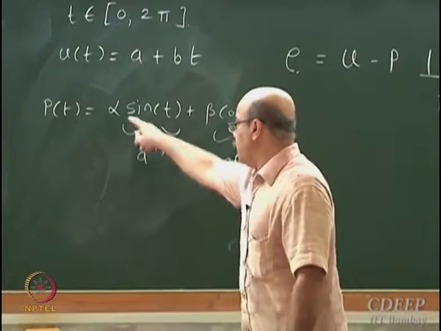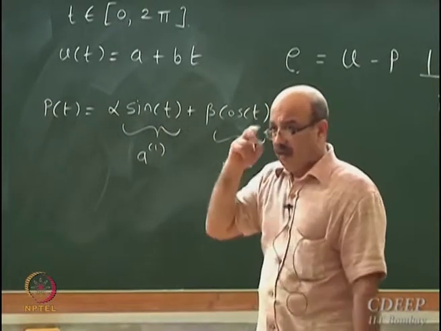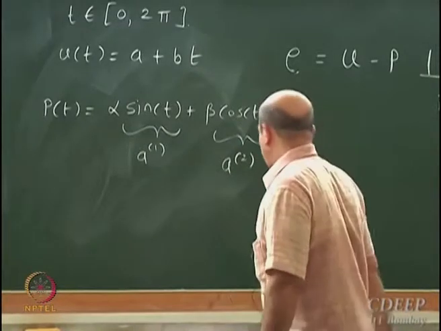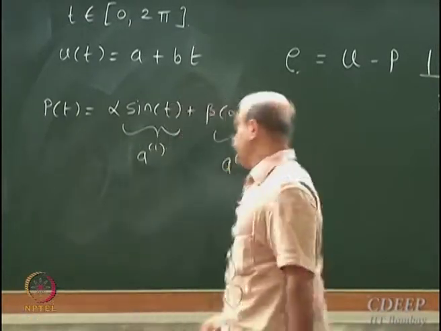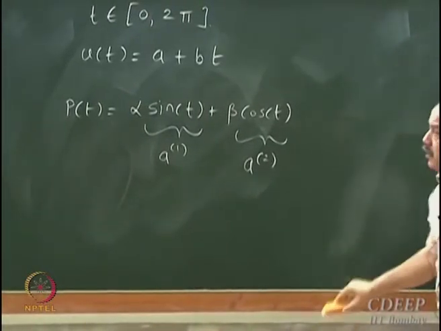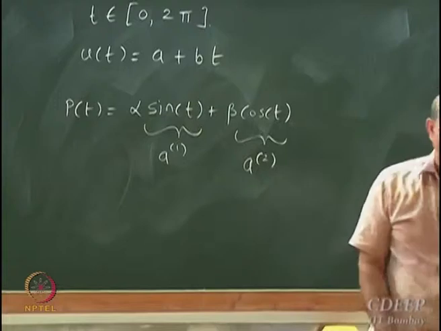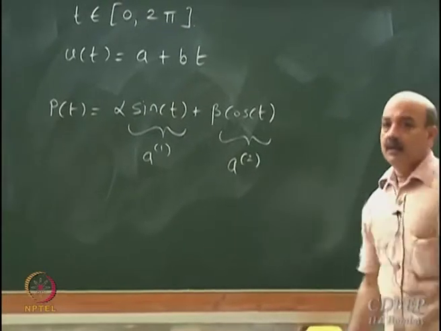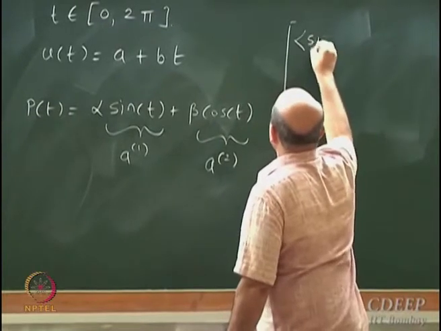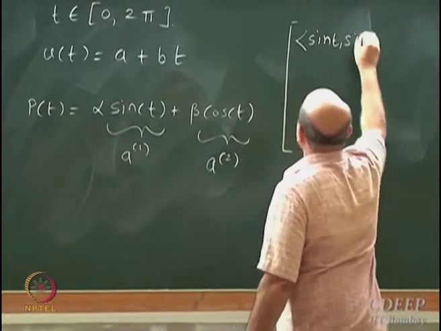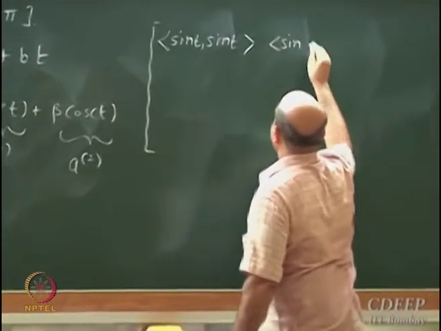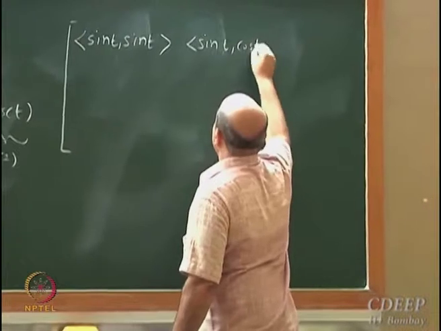Okay, how do you find alpha and beta? How do I set up the problem to find the least square estimates? I have to find sin t sin t, sin t cos t. What is sin t cos t over 0 to 2 pi?